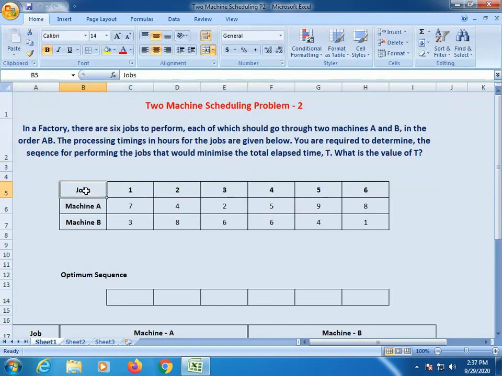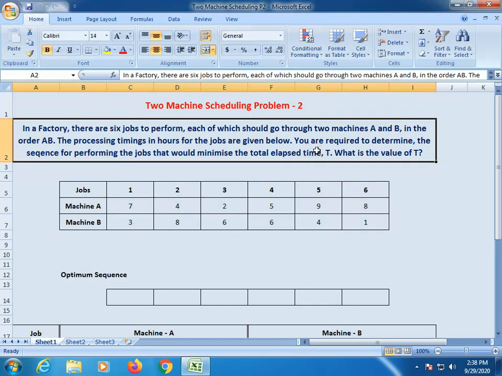So here we have 6 jobs and two machines, and these are all processing times relating to two machines and the jobs. So what we have to do, you are required to determine the sequence for performing the jobs that would minimize the total elapsed time.